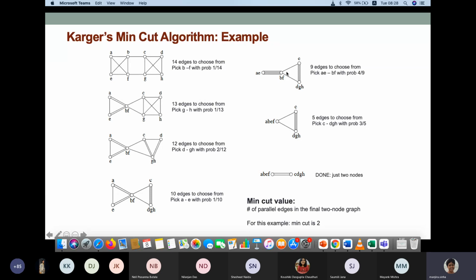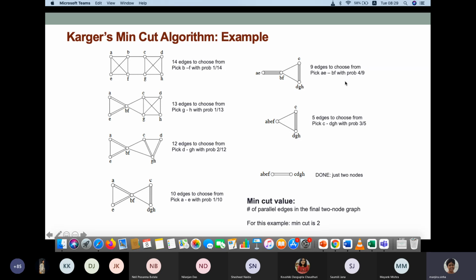And another person also said that is the min cut always ensured? Now, as this is a randomized algorithm, we could have very well collapsed it like CBF. Then we would have a different min cut value than this, like say 3 or 4.